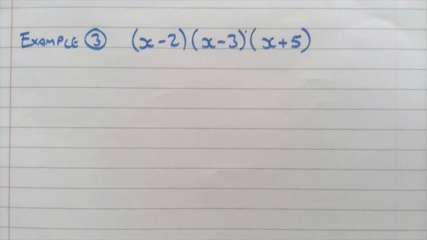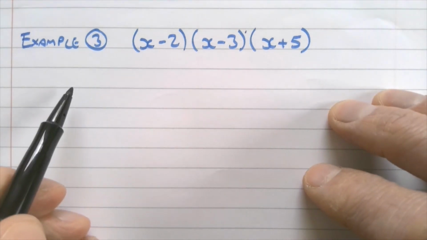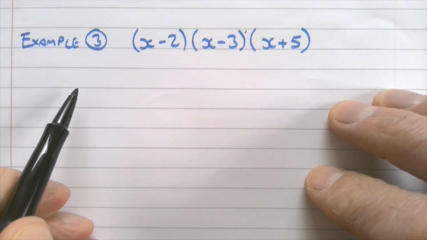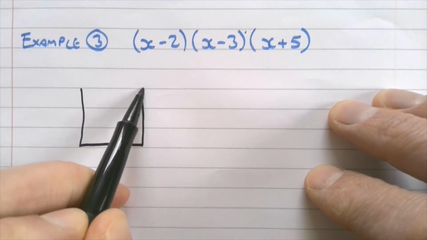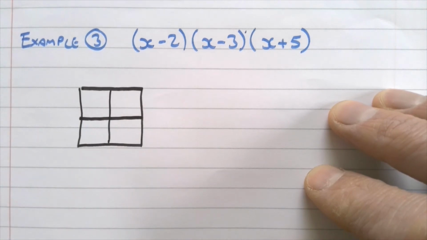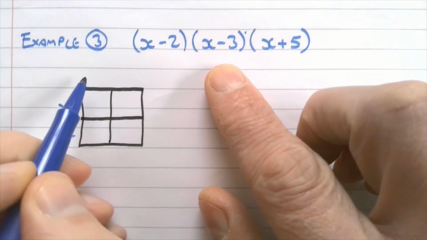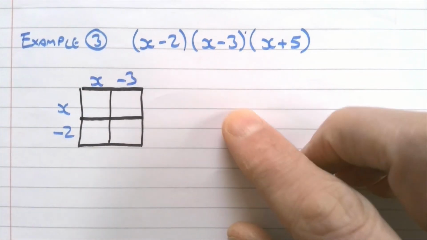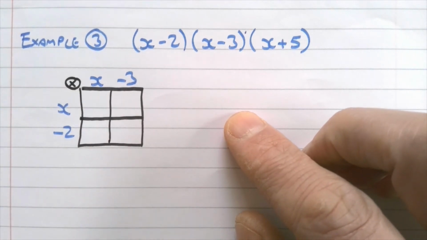Example 3, final example then. So we've got our 3 brackets, need to multiply the first 2 together, so let's get ourselves some boxes. So we've got x minus 2, x minus 3, and we need to multiply those together, so let's just remind ourselves we're multiplying.